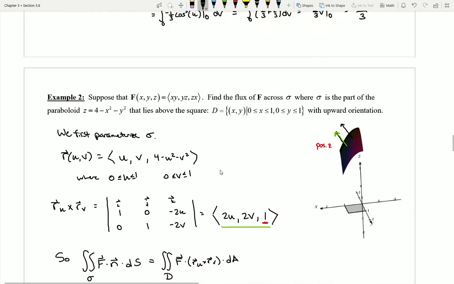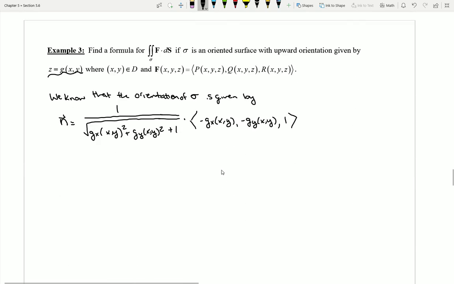So when I scroll all the way back down to the question we were looking at, we can say that this definitely represents an upward orientation, because my upward orientation is signified by this positive z coordinate that I have there. So if I have this, then when I want to actually compute my F dot dS, remember this was just an alternative way of expressing what we had said was F dot n dS.